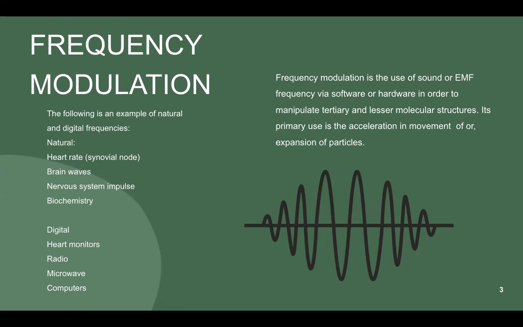We know that brain waves are related to your brain chemistry, your diet, your environment, etc. We have nervous system impulses, so that looks like putting sensors on your body and tracking your nervous system, tracking the logarithm that it's putting out in numeric form or in frequency format, which you see right here. And then we also have biochemistry, which is a type of frequency.